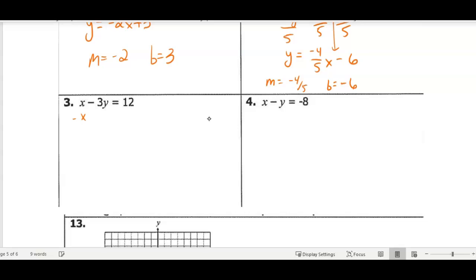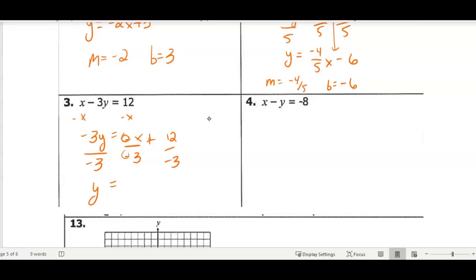Subtract x. That leaves me with negative 3y equals negative x plus 12. And I divide by negative 3. When I divide by negative 3, there are a couple things you have to be careful of. So this is a good question for you guys to do. I'm left with y over here. These two negatives cancel out, and that becomes positive.